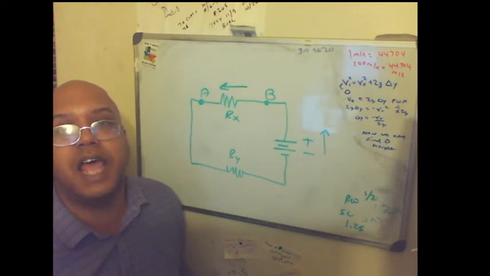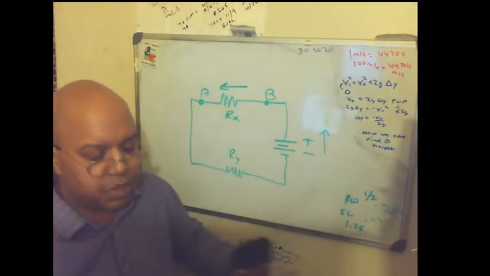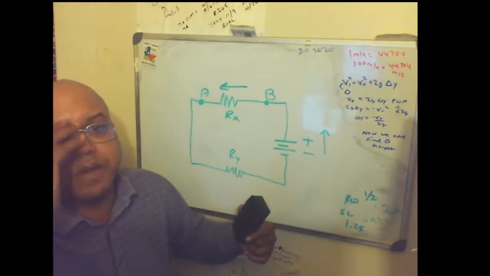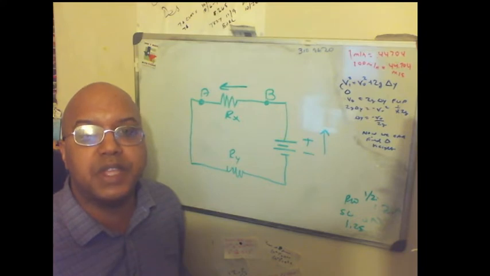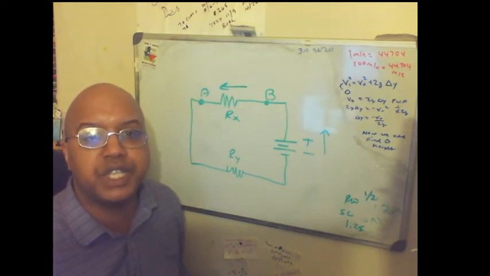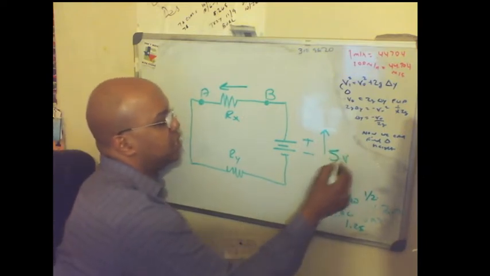They haven't really assigned your battery source voltage, but they show a direction of current, so I'm under the assumption that there is some type of voltage there. The voltage drop is going to be the same across each resistor, which means, let's say we have 5 volts in this system.